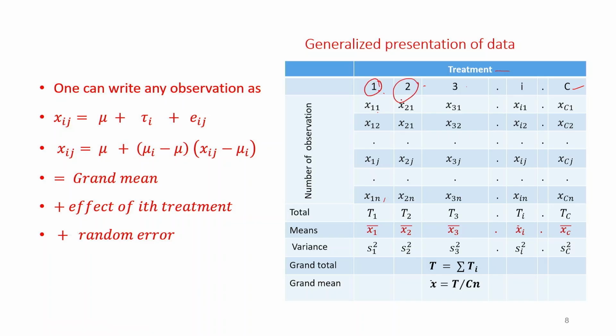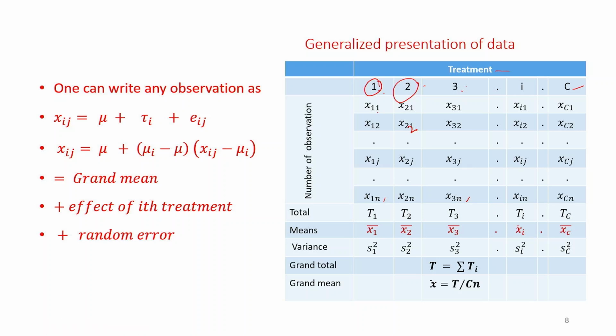For treatment 2, we start with x21, x22, x23, x2j, x2n. For third, we start with x31, x32, x3j, x3n. So we have C different treatments.